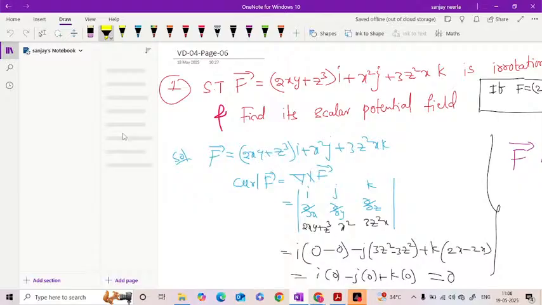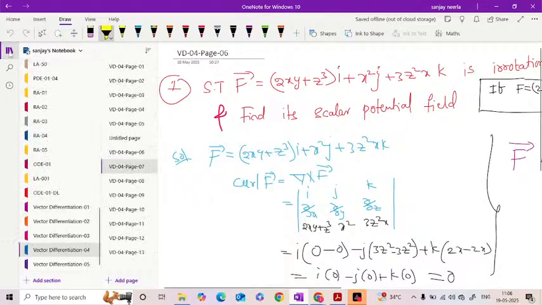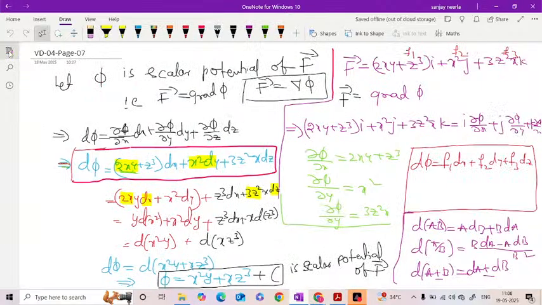So now the calculation of the scalar potential field. Assume here pi is the scalar potential field of this f, definitely. So f is equal to the gradient of pi, and we just write d pi. Actually we want to calculate pi. Now d pi is equal to ∂pi/∂x into dx plus ∂pi/∂y dy plus ∂pi/∂z dz.